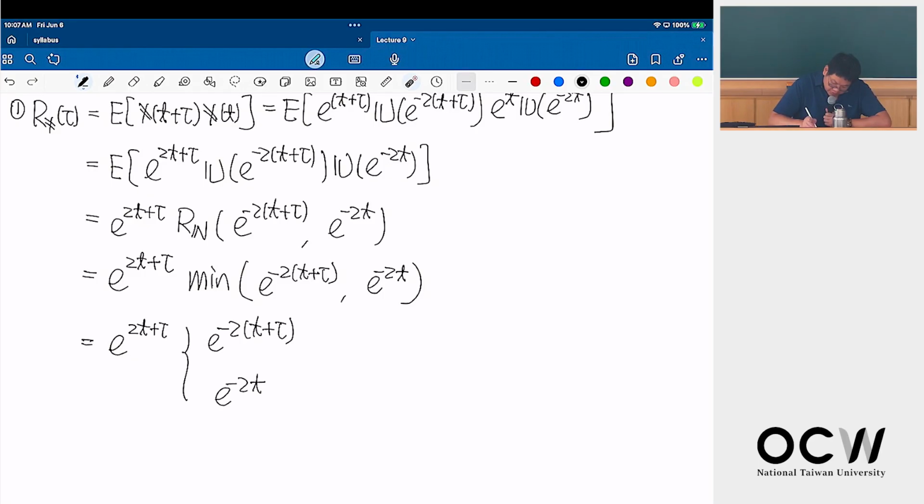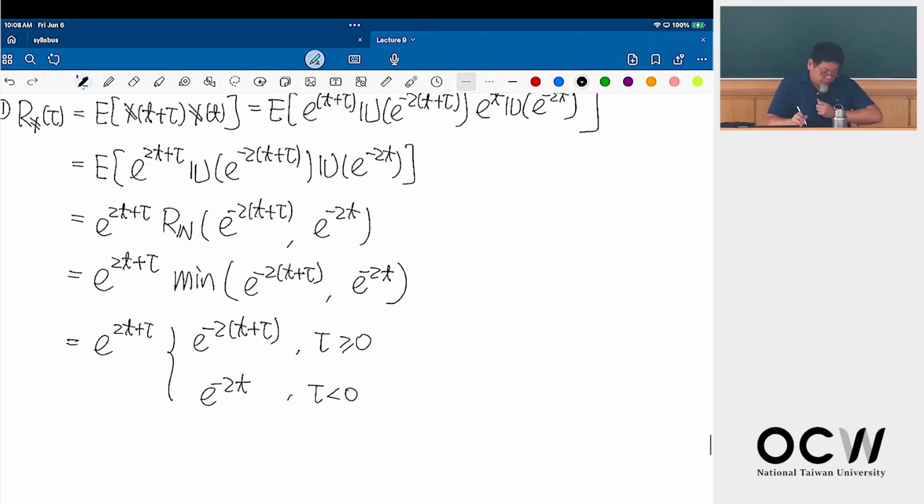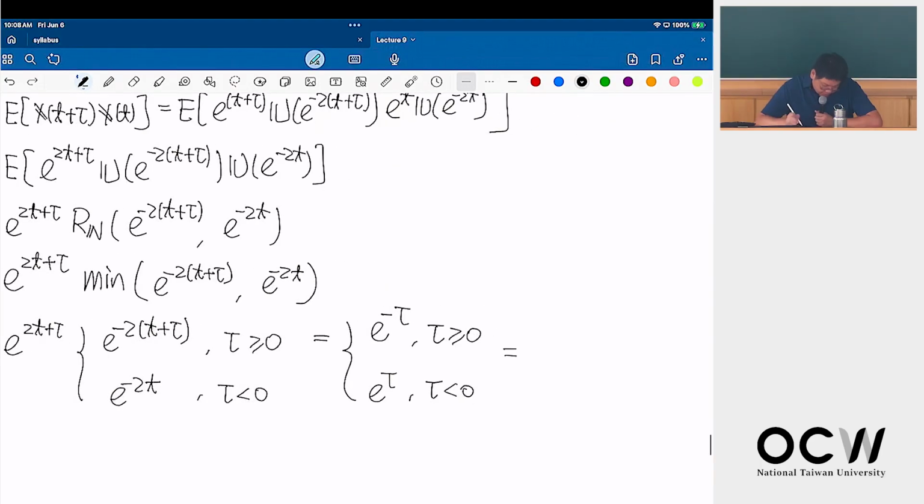When will we get this answer? When tau is greater than or equal to 0. Otherwise, when tau is less than 0, we have e^(-2t). So overall, it should be e^(-tau) when tau is greater than or equal to 0, or e^(tau) when tau is less than 0. So overall, that should be e^(-|tau|).